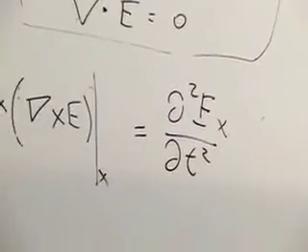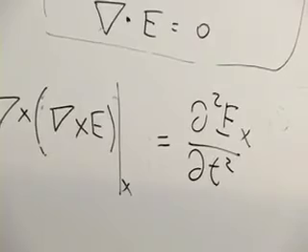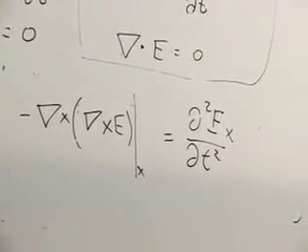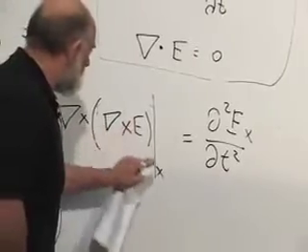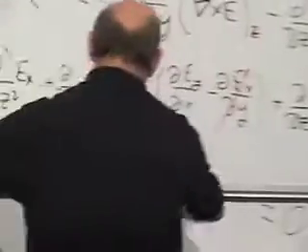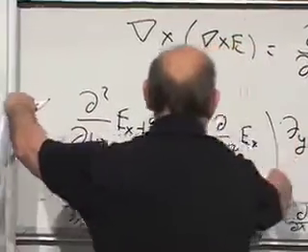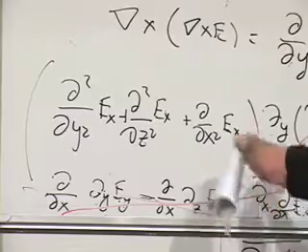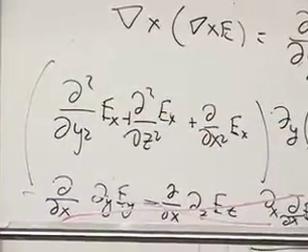The second derivative with respect to t squared of Ex is minus del cross E, the x component of it. And that's exactly what we computed over here. That long, tedious computation just gives us the left-hand side.